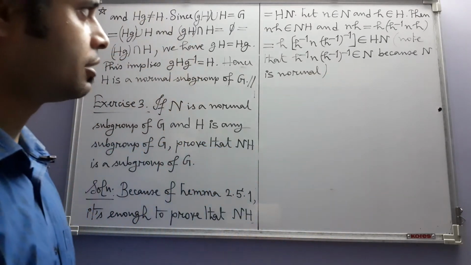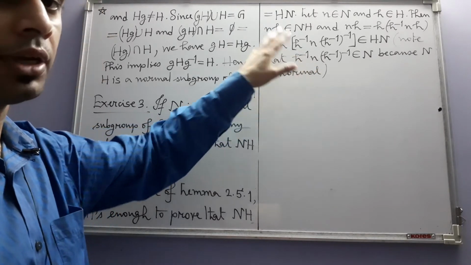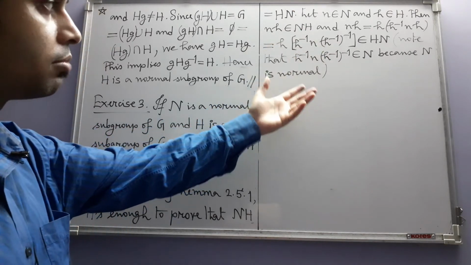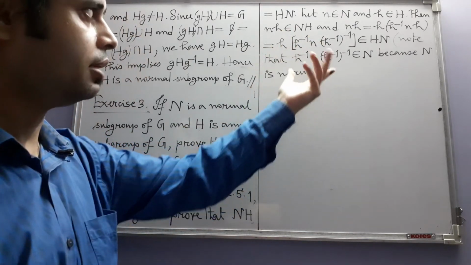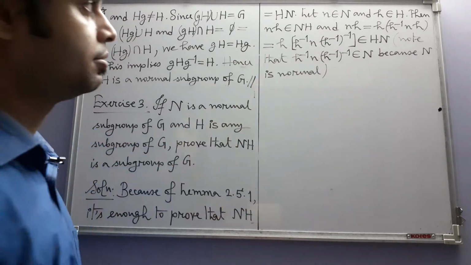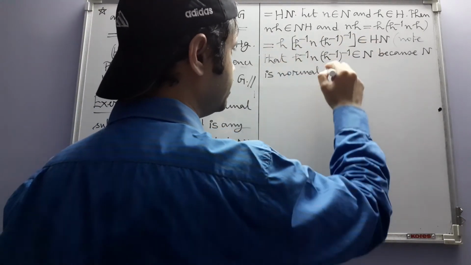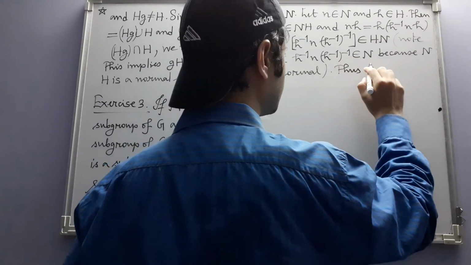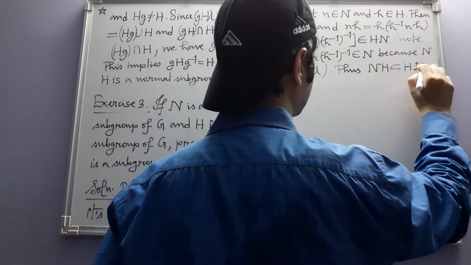Since N is normal, this middle element n is coming from N, so whatever you have here, we have h inverse here, you form this product, so by definition of normality it must belong to N, and that's why this element coming from H and this element coming from N together, their product is in HN. So we have proved that any element in NH is also in HN. Thus, NH is contained in HN.